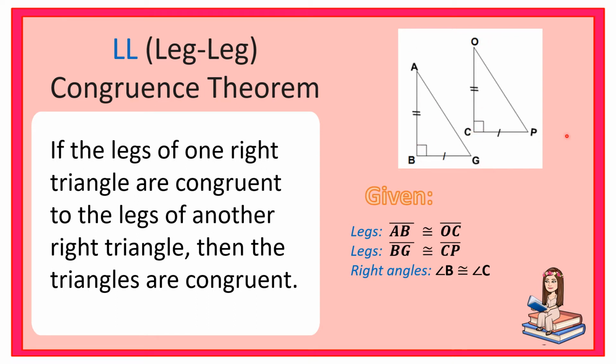BG and CP to be congruent, another pair. And right angles B and C that tells us that these two triangles are right triangles. So with that, dahil meron na tayong dalawang legs na congruent at sila ay right triangle, then we can say that the two triangles are congruent by leg-leg theorem. So ang congruent natin ay triangle BAG, which is congruent to triangle COP.